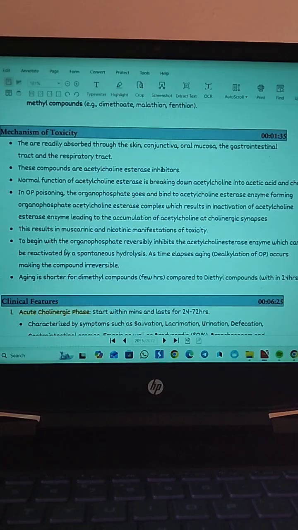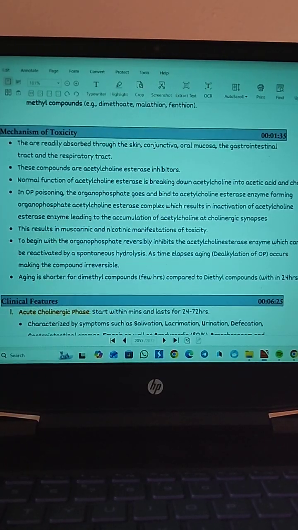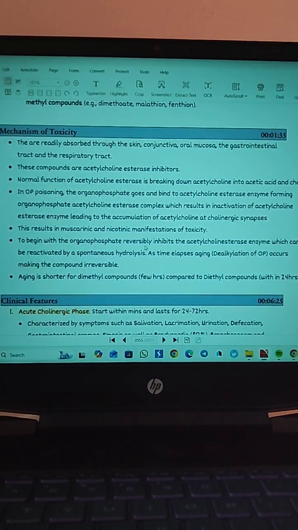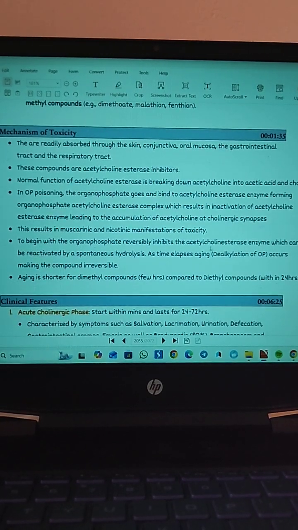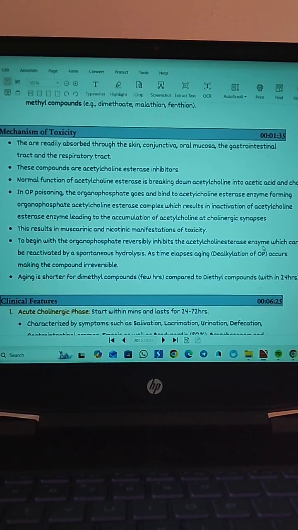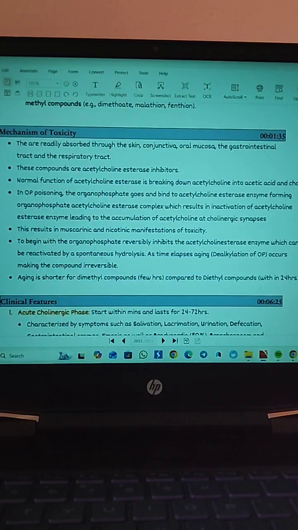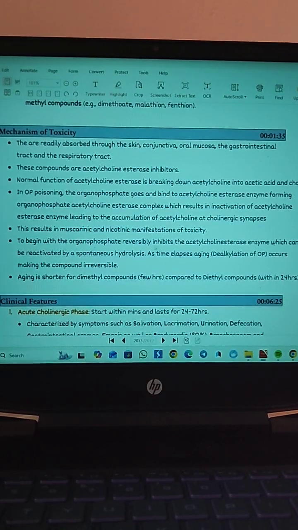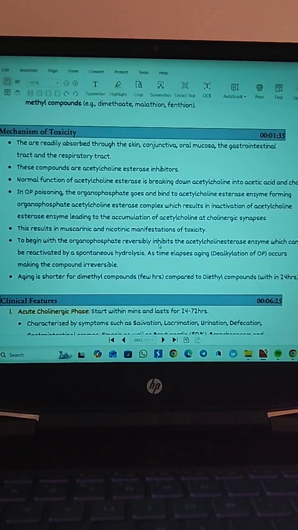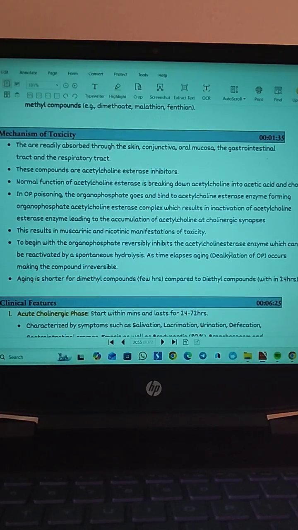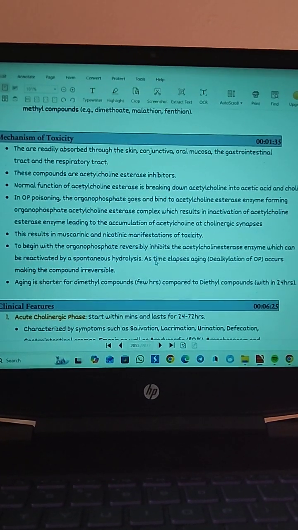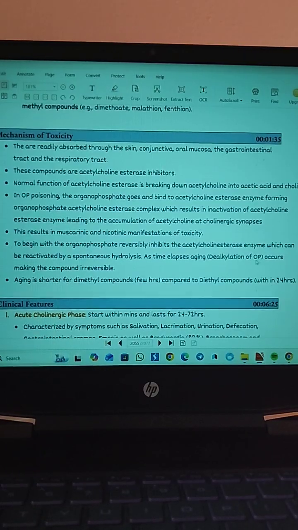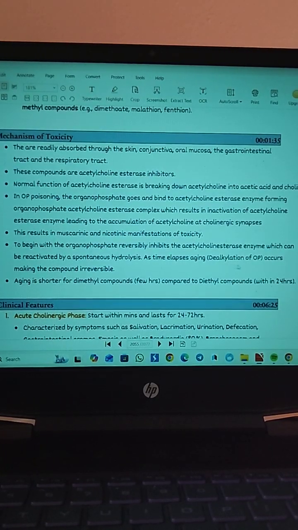Initially, the organophosphate-acetylcholinesterase complex which is formed is reversible. The enzyme can be reactivated by spontaneous hydrolysis, which can easily reverse the process, and then acetylcholinesterase becomes reactivated. But as time elapses, aging occurs, that is dealkylation of the OP occurs.